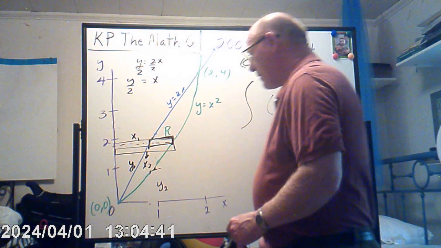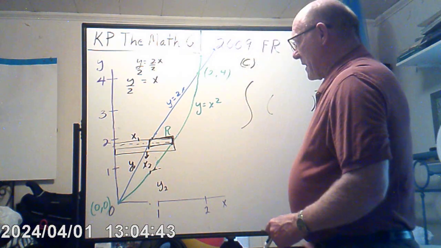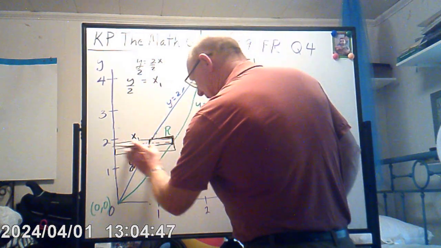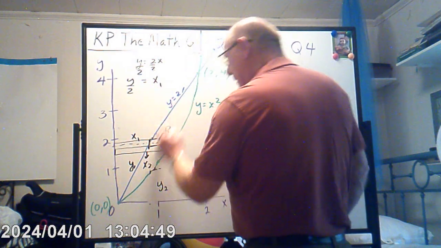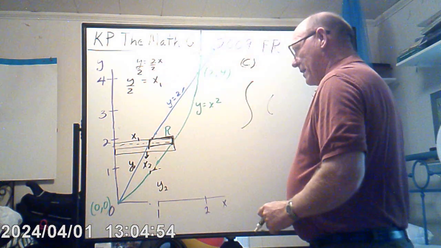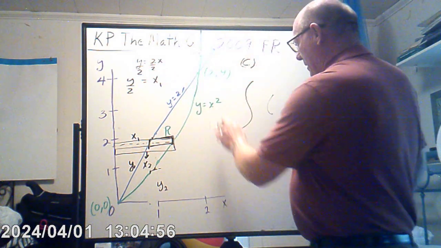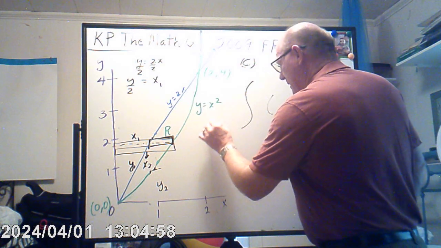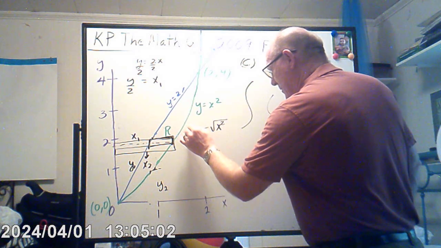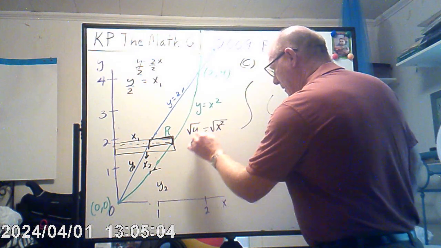That one would be x sub 1, because this is the blue line here. Y is equal to 2x is the blue line. Alright, so that's x of 1. Here I'm solving for x. That just means I take the square root of x squared, which means I take the square root of y.